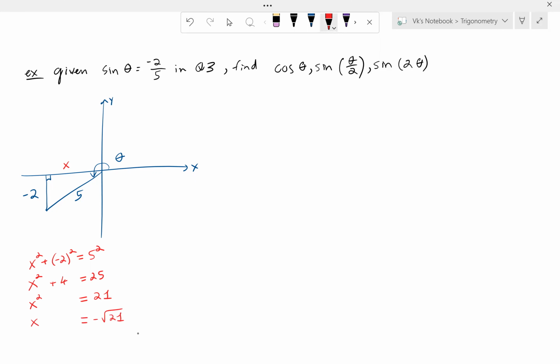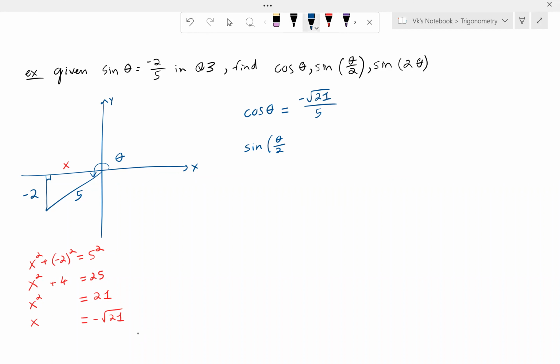The reason why is because x is on the left side of the origin, so it is negative. Once we get x, then we can figure out the cosine of the angle theta is adjacent over hypotenuse, so negative root of 21 over 5.